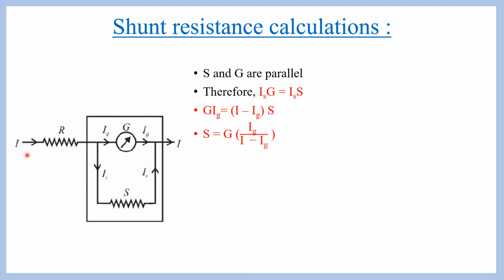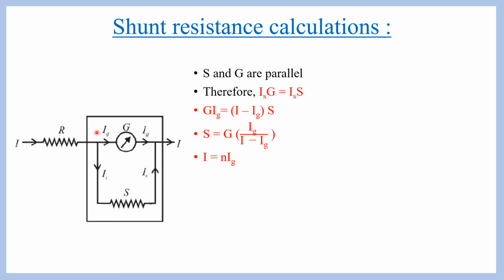So in order to measure a current I, you have to connect a shunt resistance parallel to the galvanometer according to this calculation, where we know the galvanometer resistance is capital G. Now you have got the shunt resistance is equal to G into Ig divided by I minus Ig.